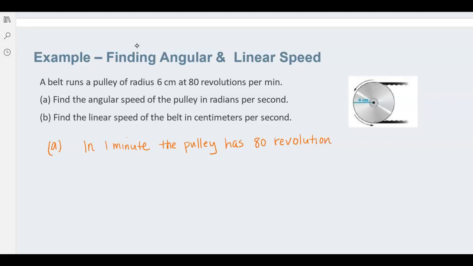And for each revolution, is 2 pi, right? Because if I start at a point here and I go halfway, that would be pi, all the way around the circle, that's going to be 2 pi. So we're talking about what is the change in the amount of radians in that time.